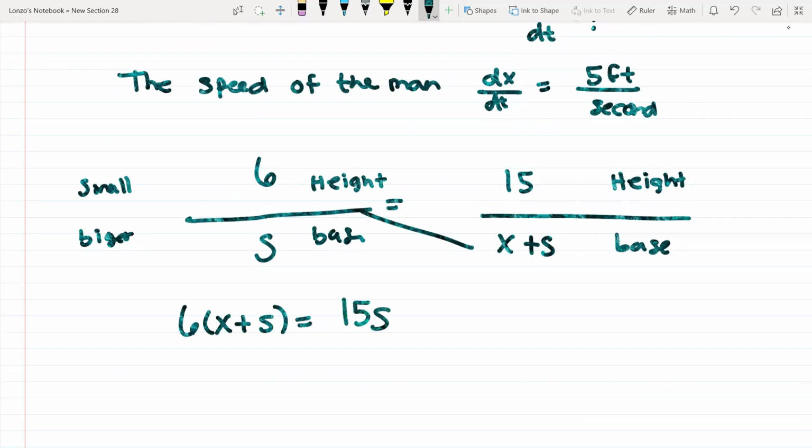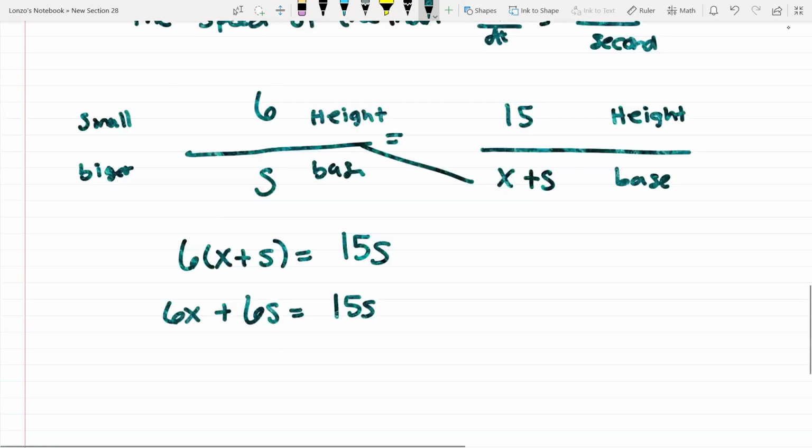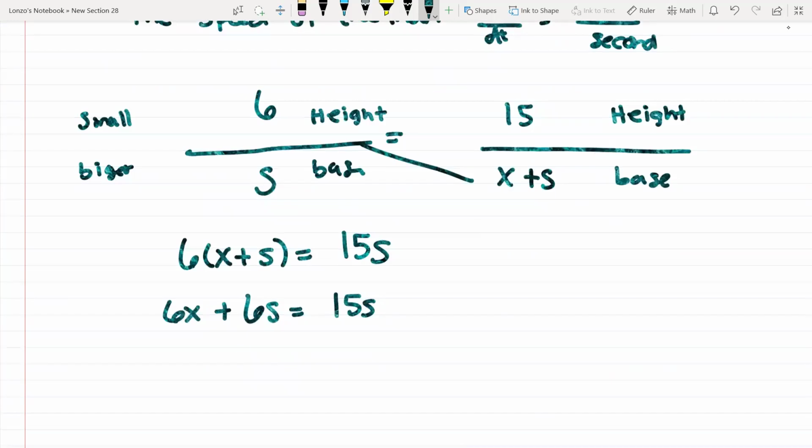Then I would FOIL this out. This would be 6x plus 6s equals 15s. Then I would get all the s's on one side, so I subtract 6s. So 6x equals 15s minus 6s, which is 9s.